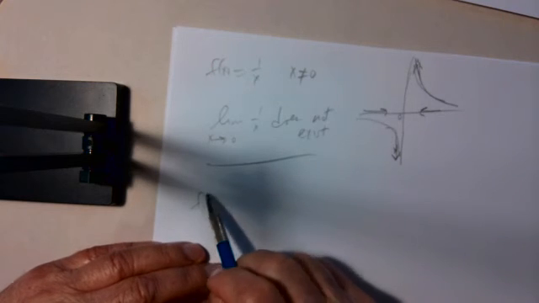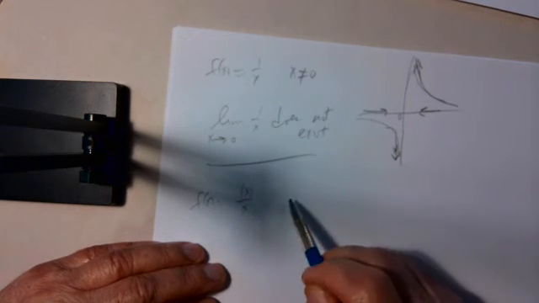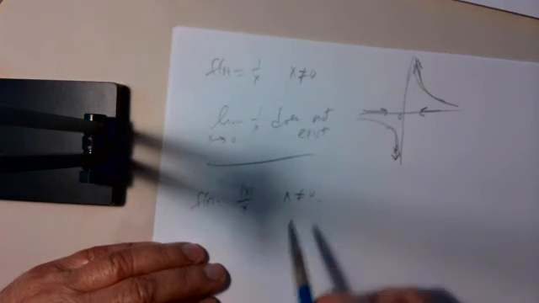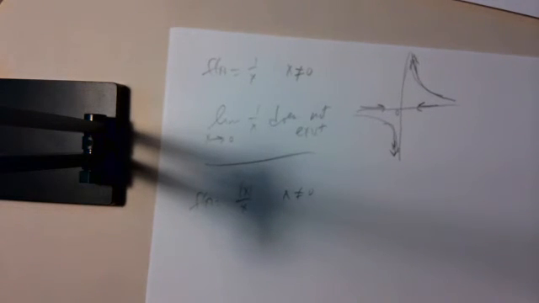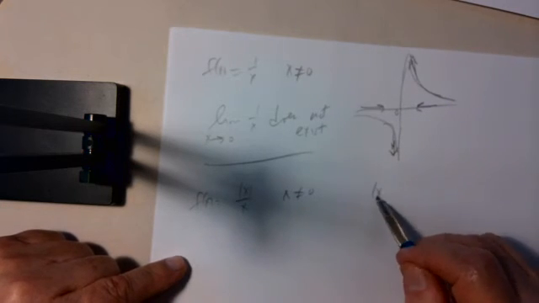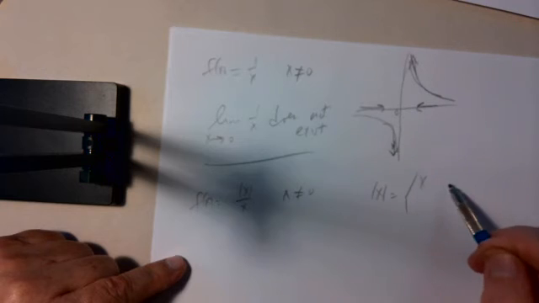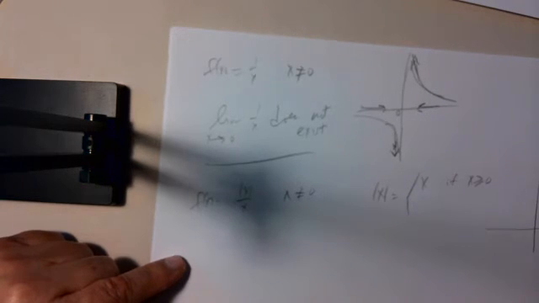Let's look at another nice example. Suppose I take the absolute value of x divided by x. And again, this is only defined for x different from 0. How is the absolute value of x defined? This is equal to x if x is greater than or equal to 0.